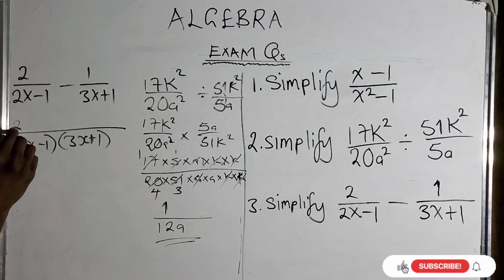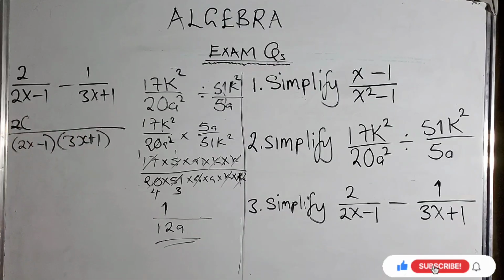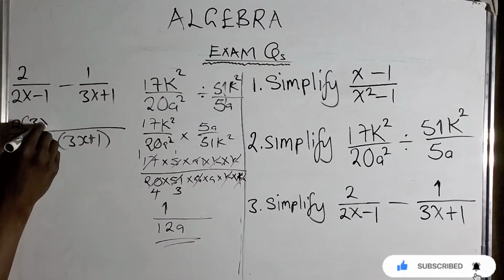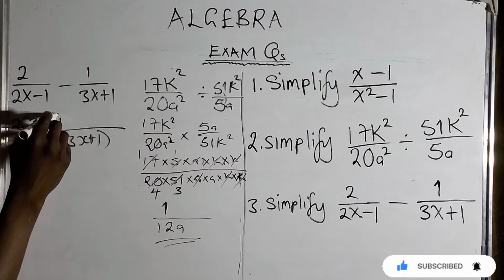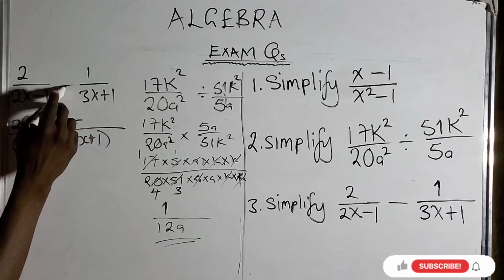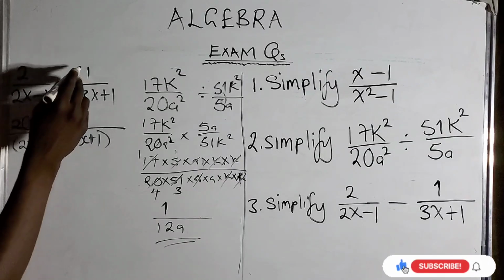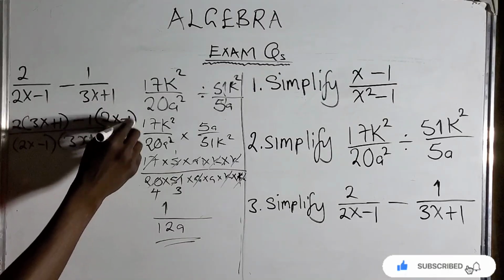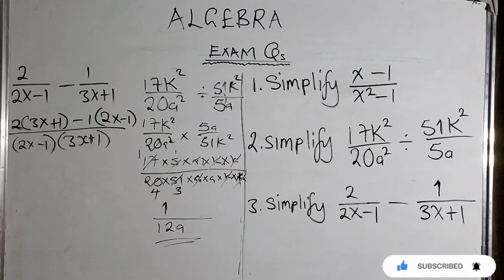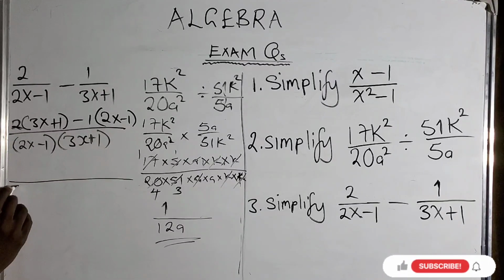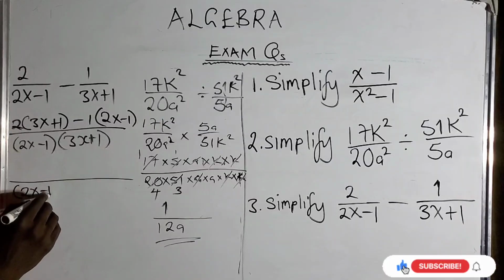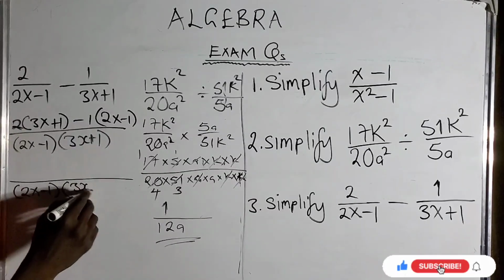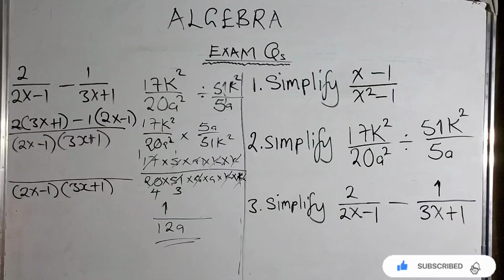So I'm going to show it here like this: 2 open bracket 3x plus 1. Then minus this symbol, then 1 will be multiplied by this side, which is 2x minus 1. Then you expand. You're going to write the denominator as 2x minus 1, 3x plus 1 like this.